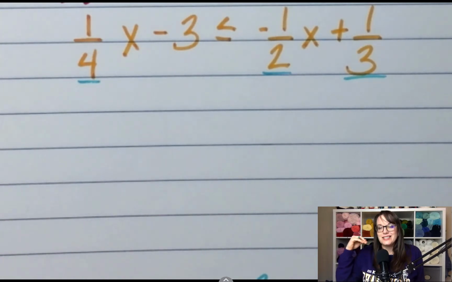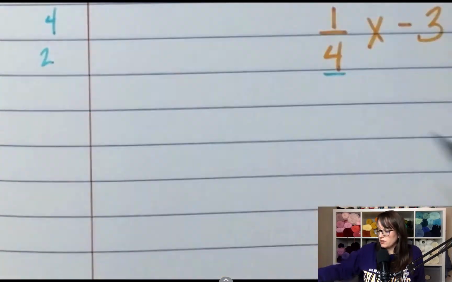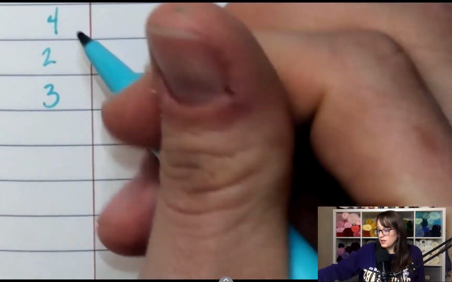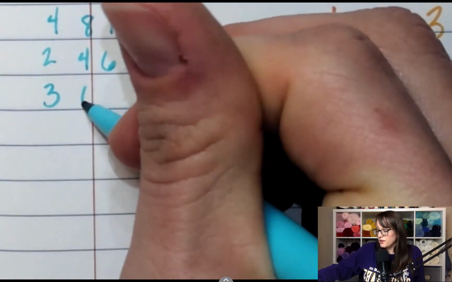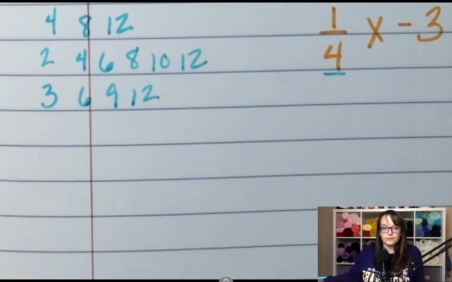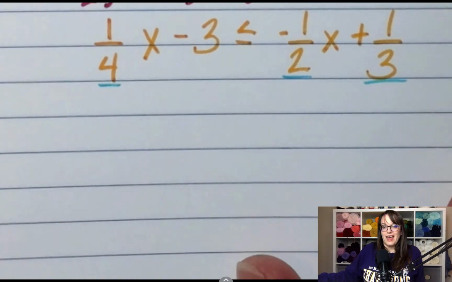What is the least common multiple for 4, 2, and 3? 12. And if you struggled getting that, you can count by 4s, 2s, and 3s. So 4, 8, 12; 2, 4, 6, 8, 10, 12; 3, 6, 9, and 12. So that's how we get there. So I'm going to multiply everything by 12.